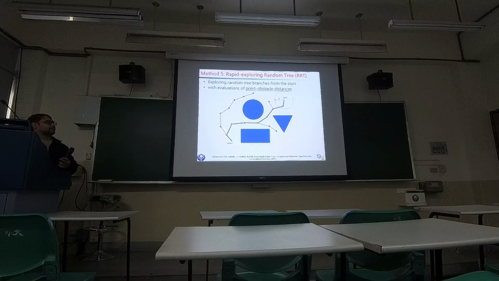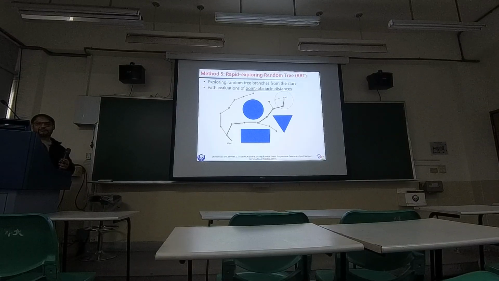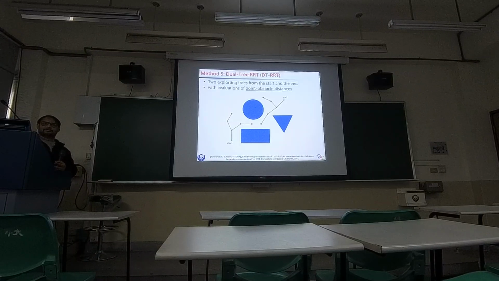Then some more researchers have developed a new method where they start the tree from both sides, from the goal and the start together. So this is a dual tree RRT, where they grow points from the start and simultaneously points from the goal.